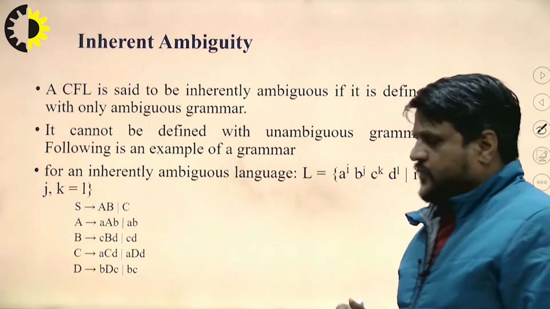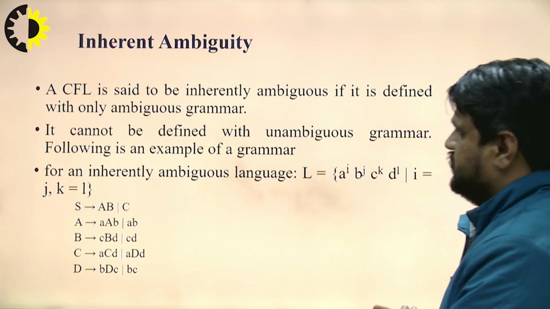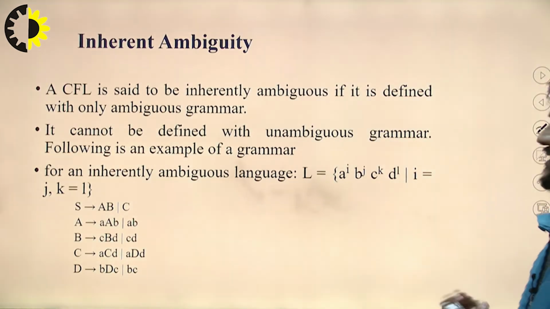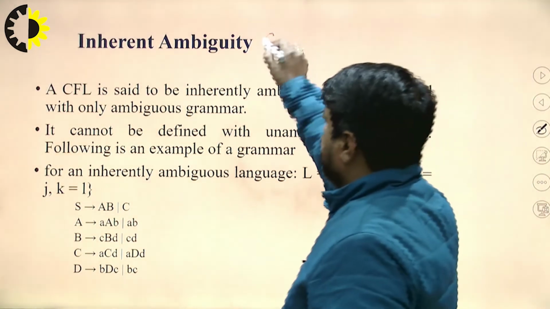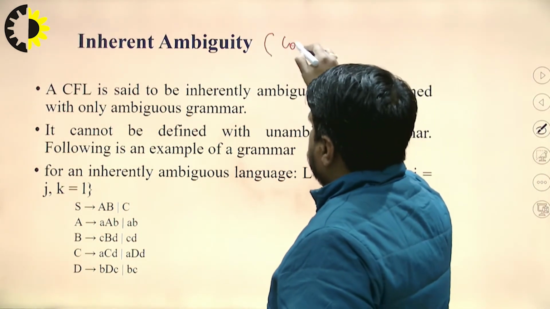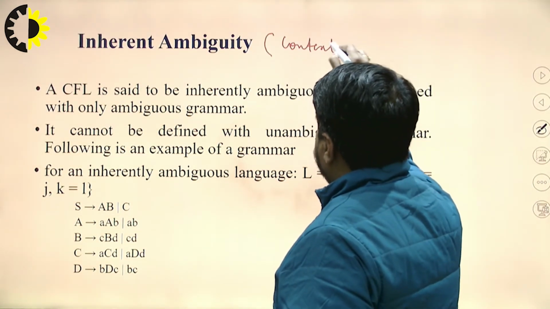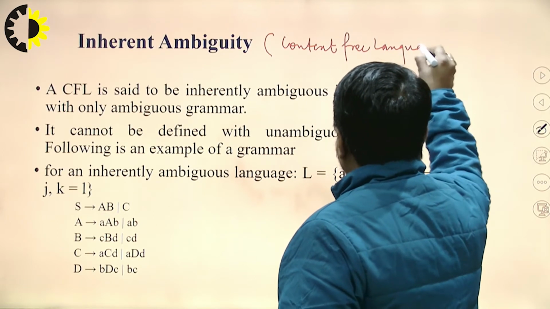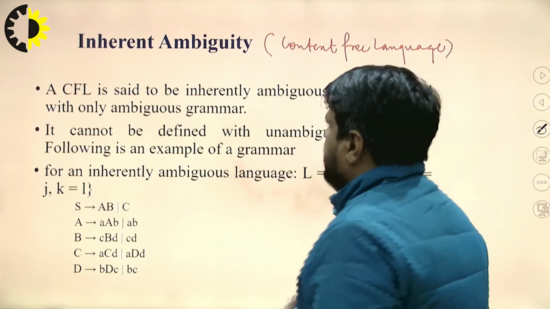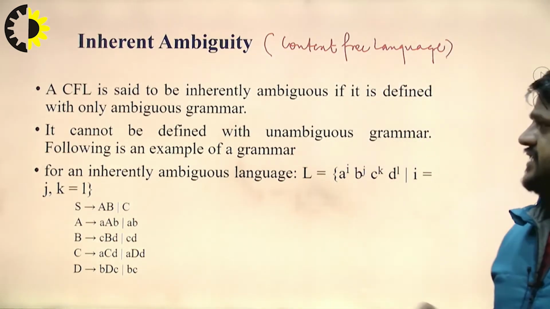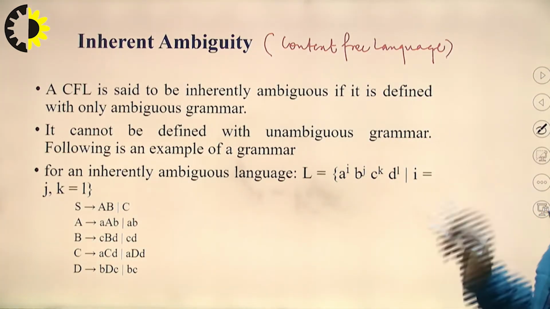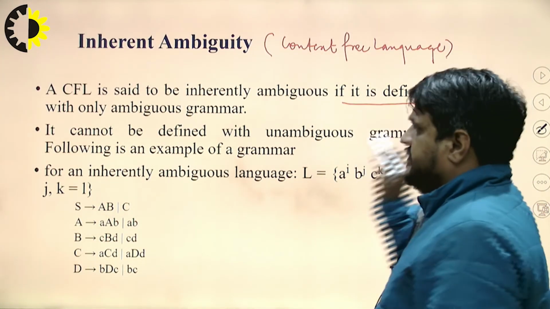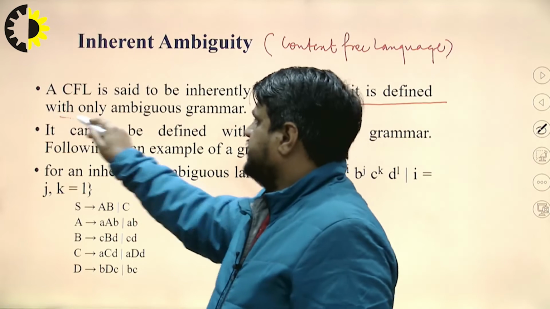Now we will move towards inherent ambiguity. Basically this is a property of a context free language, not of a grammar. A CFL, context free language, is said to be inherently ambiguous if it can be defined only with an ambiguous grammar.